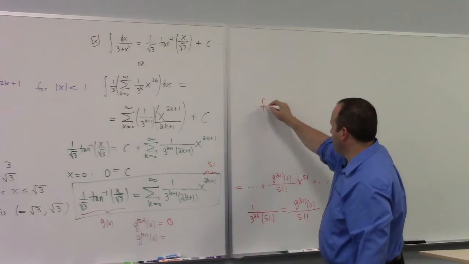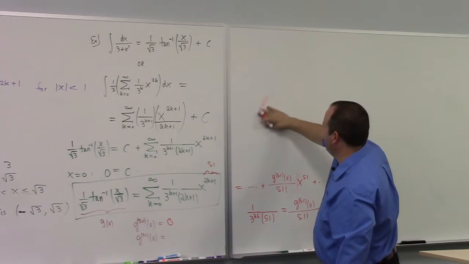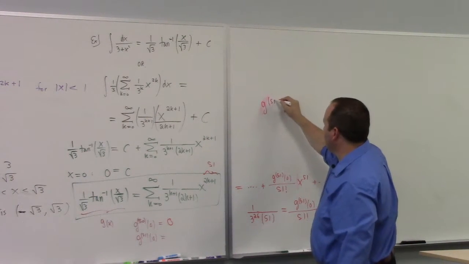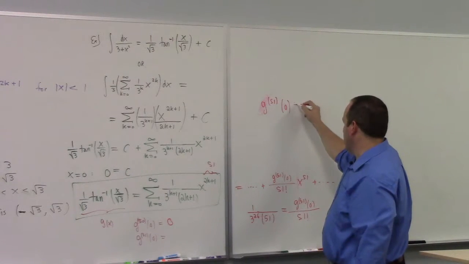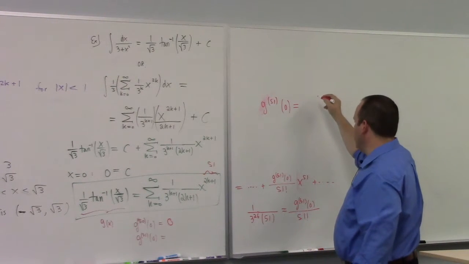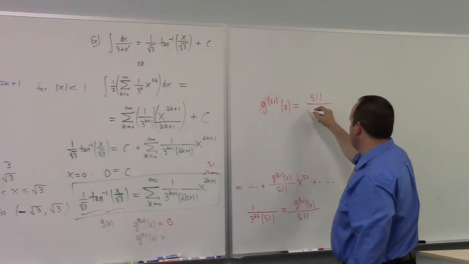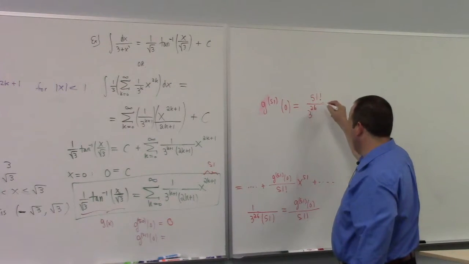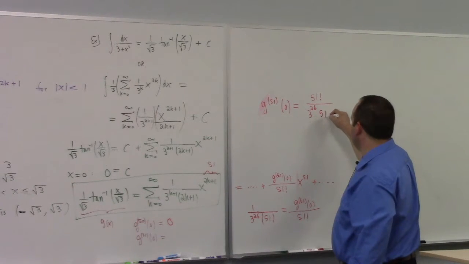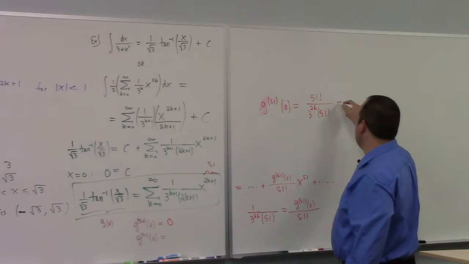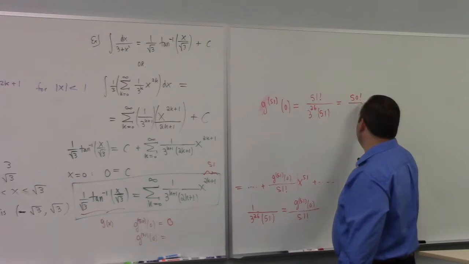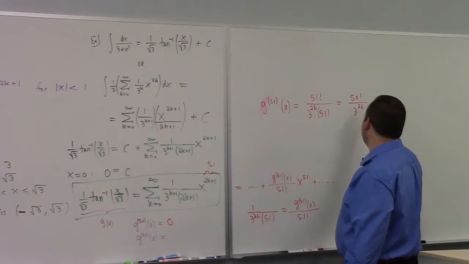So in other words, the 51st derivative of g at 0 is equal to 51 factorial divided by 3 to the 26th power times 51. You could simplify this, of course. That's 50 factorial divided by 3 to the 26th.